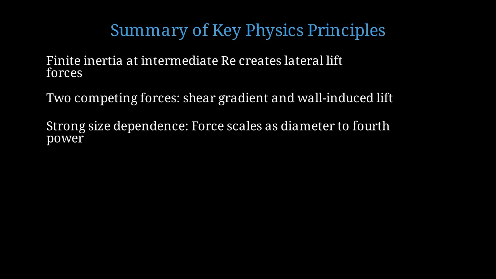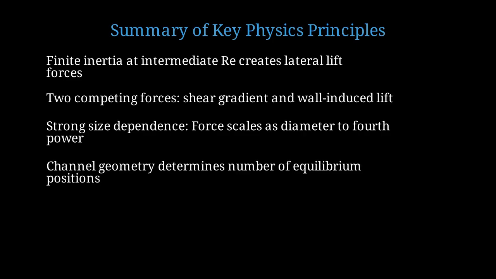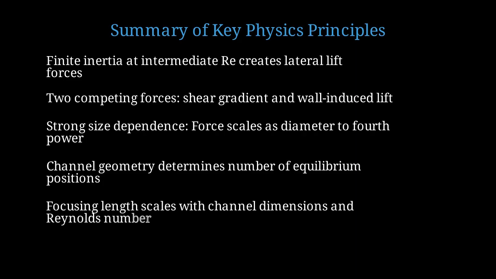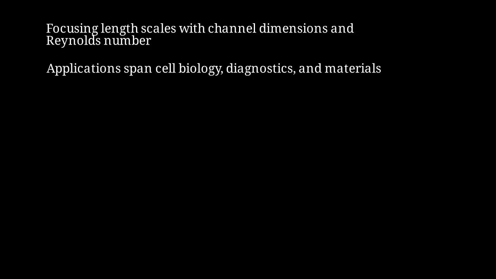This enables size-based separations. Channel cross-sectional geometry determines the number and location of equilibrium positions. Square channels give 4 positions. Rectangular channels typically give 2. The focusing length, the distance needed for particles to reach equilibrium, scales as channel diameter cubed and increases with Reynolds number. Applications range from high-throughput flow cytometry and cell sorting to sample preparation for diagnostics and materials processing.